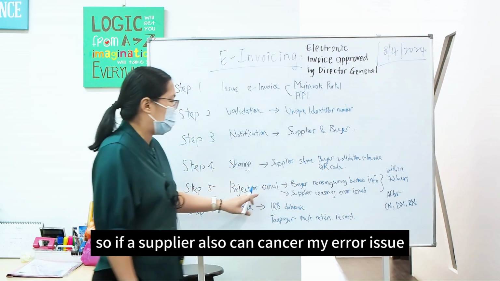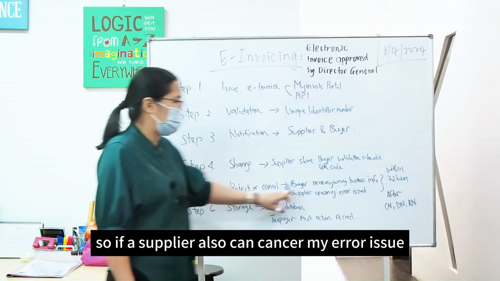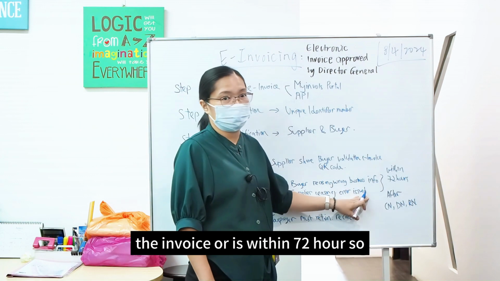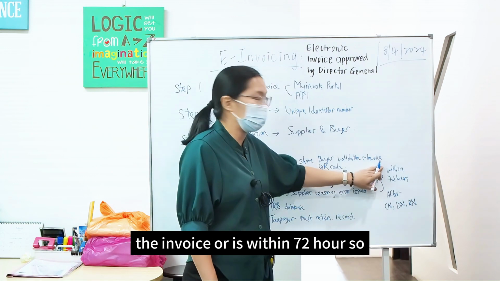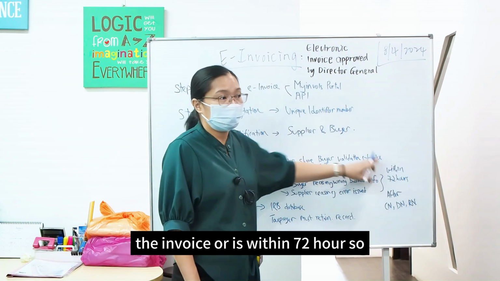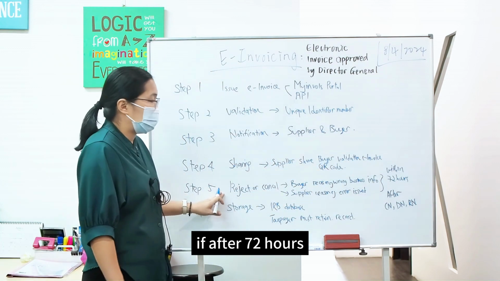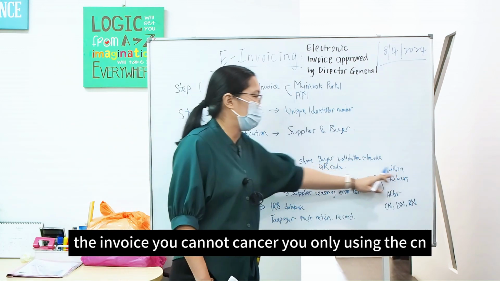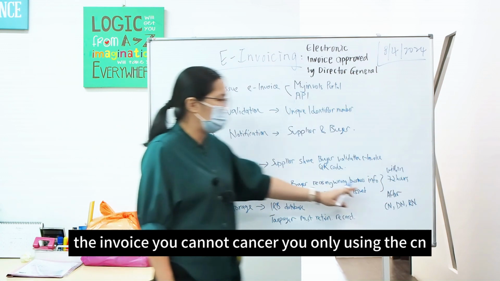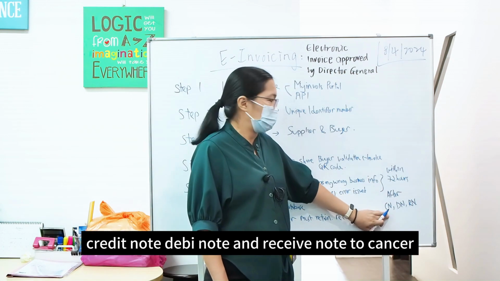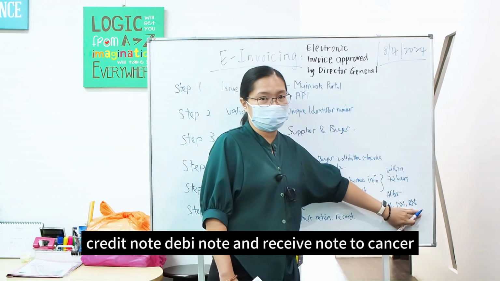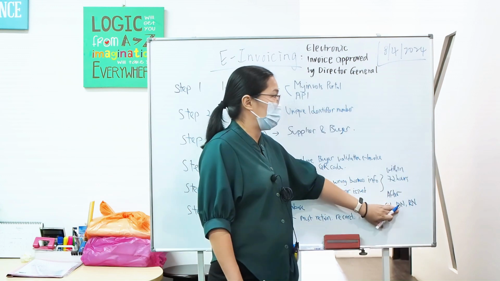Okay. The supplier can also cancel, if I made an error issuing the invoice, within 72 hours. If after 72 hours, you cannot cancel the invoice. You can only use a credit note, debit note, and refund note to cancel.